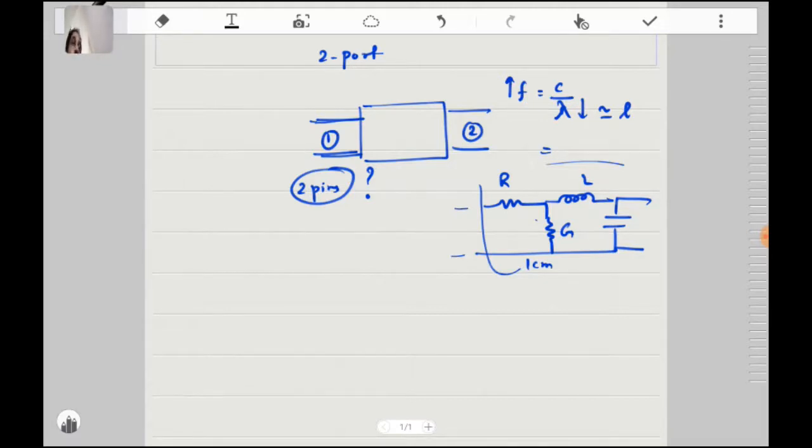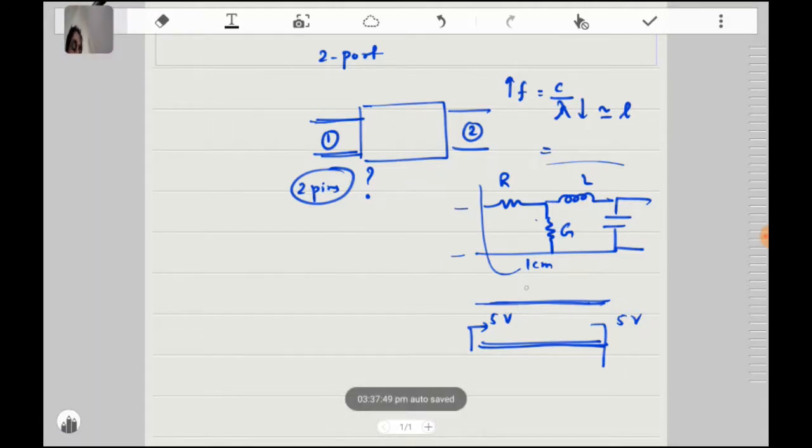So no more will the impedances be constant. Normally, if you take 2 lines, whatever voltage you apply, for example 5 volts, you are supposed to get the same voltage, provided it is lossless. You take a superconductor, you apply 5 volts, you get 5 volts. There is no attenuation. But this is at low frequency.